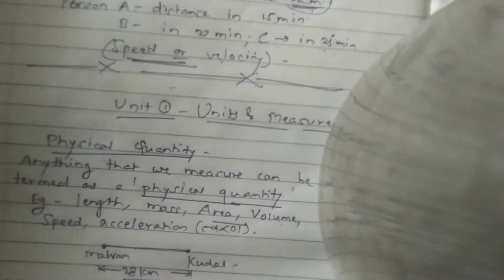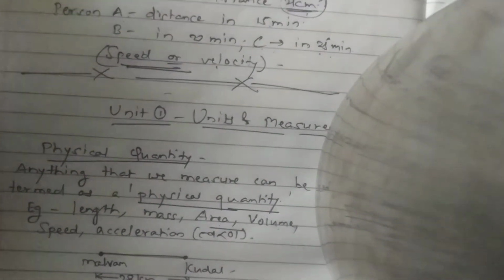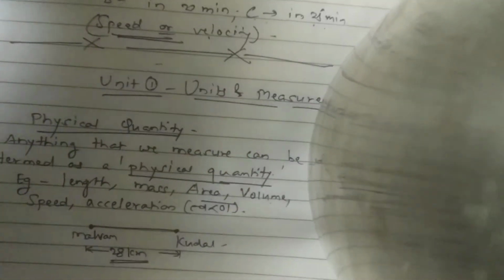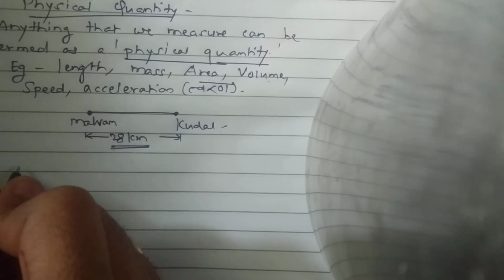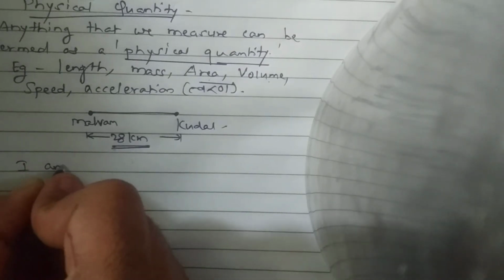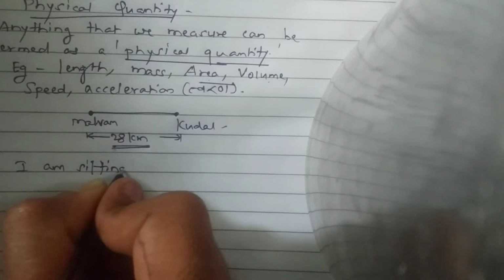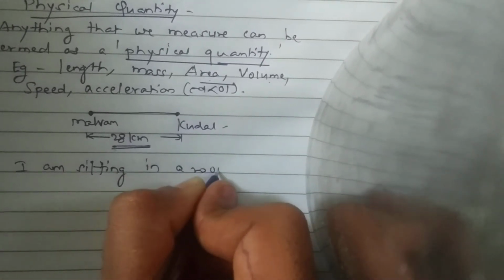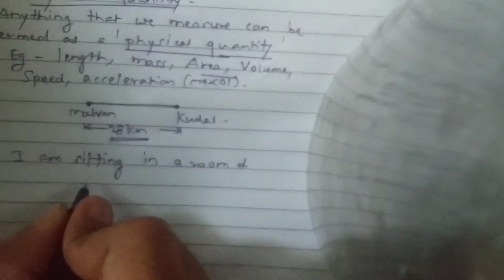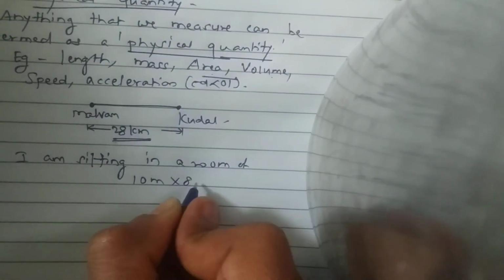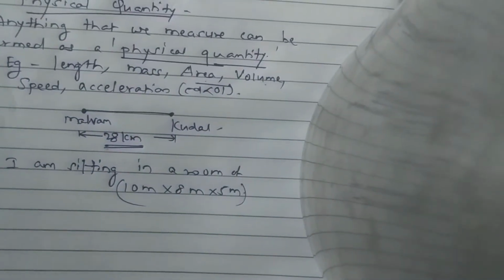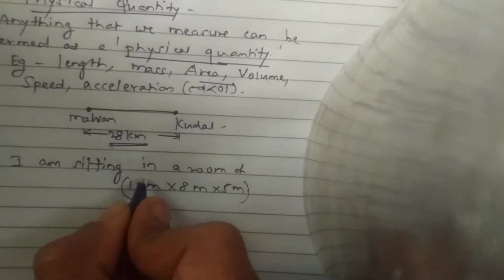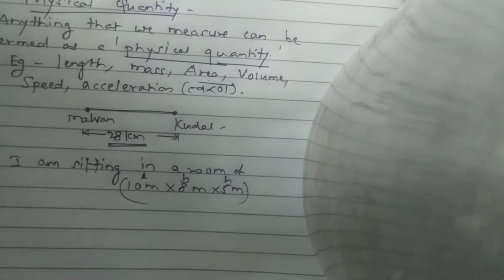Okay, so yeah, basically now suppose if I say I'm sitting in a room, in any example you may give 10 by 8 by 5, of this dimension, 10 meters by 8 meters by 5 meters. So this 10 meters, as a convention, this indicates length, this indicates breadth, and this indicates the height.